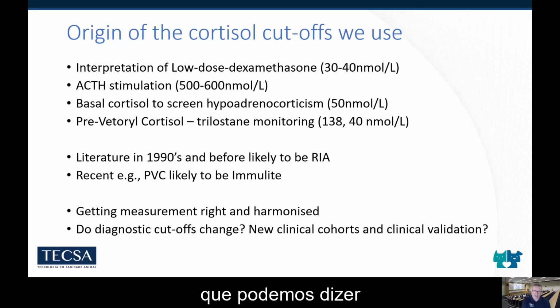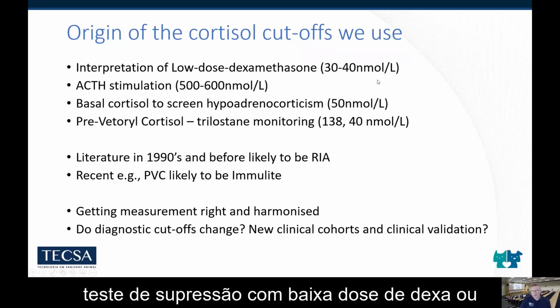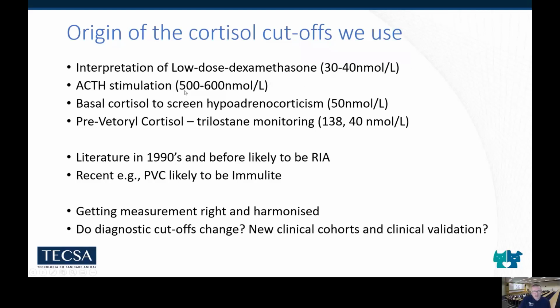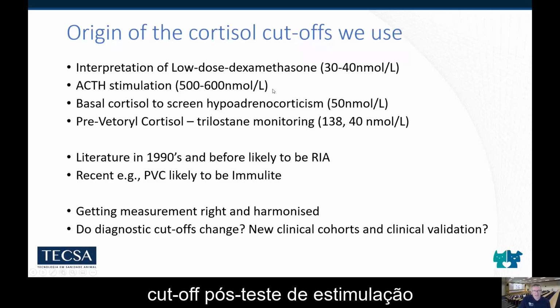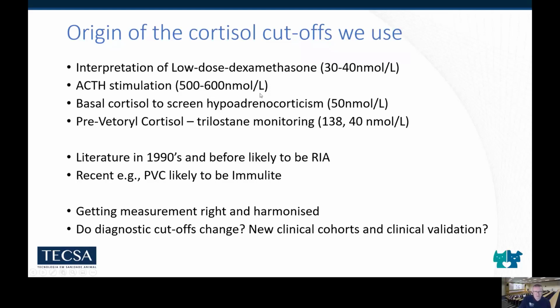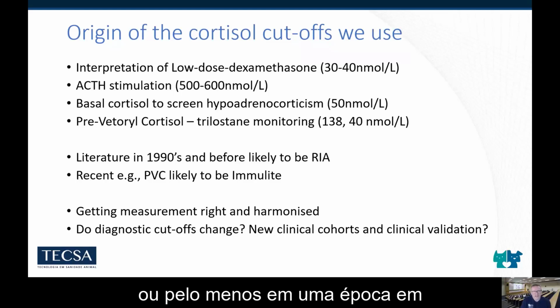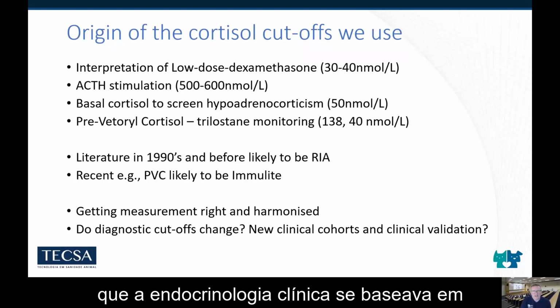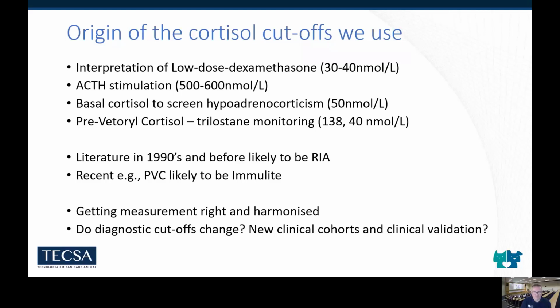And I think it's true to say that the 8-hour cutoff values for the low-dose dexamethasone suppression test, or the post-ACTH stimulation test cutoff values, those have generally not changed much, generally from the 1990s, or at least from a time when most of that clinical endocrinology work was being done by radioimmunoassay.